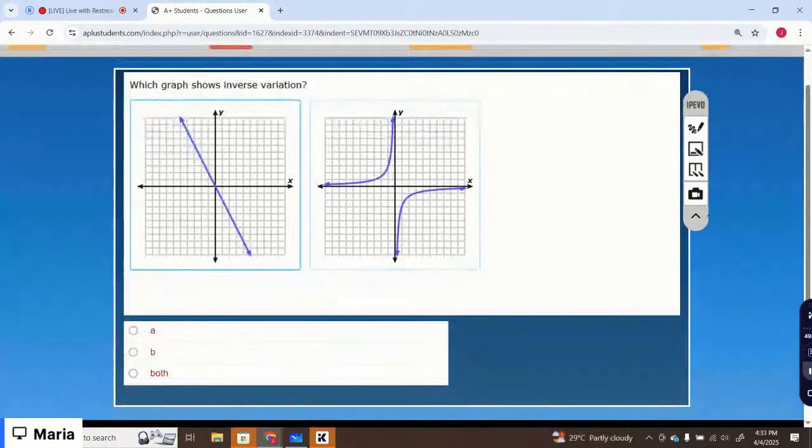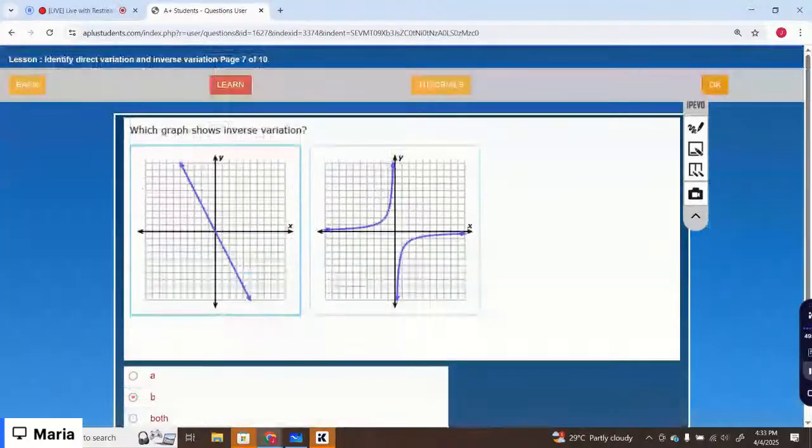Which graph shows inverse variation? B is the correct option.